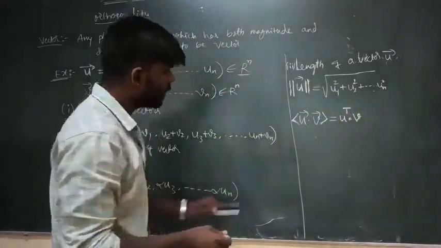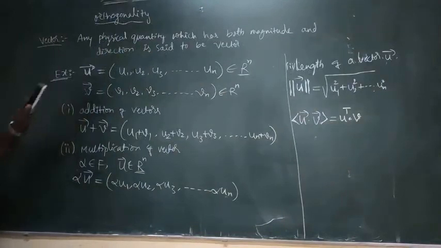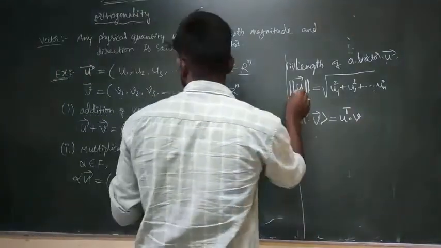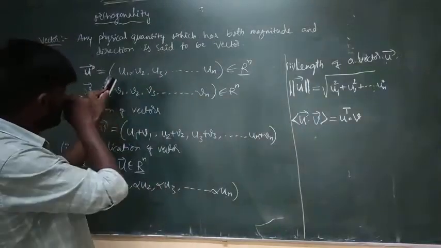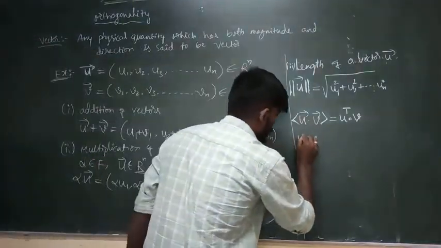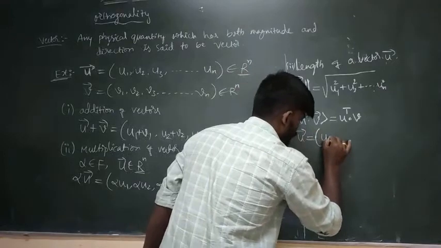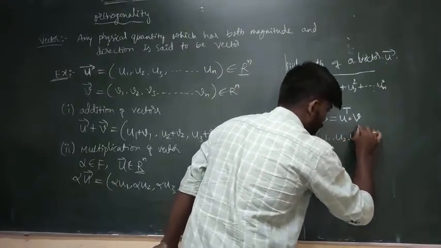This is the inner product of the u and v vectors. Here we will see one example of how to find the inner product of these two vectors in Rn. In R3, u vector is u1, u2, u3, which belongs to R3.